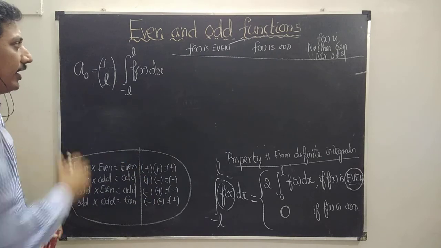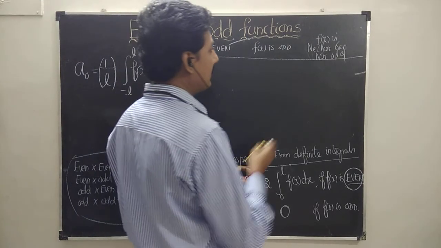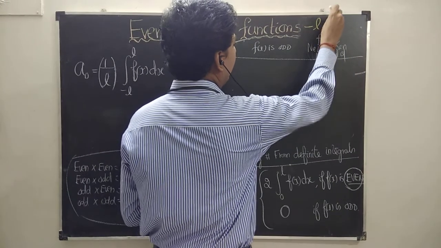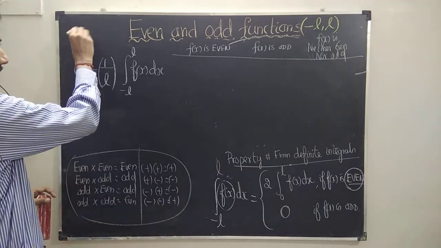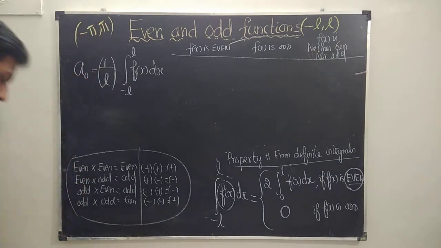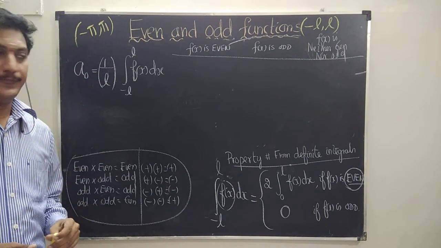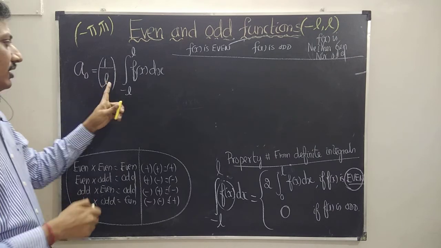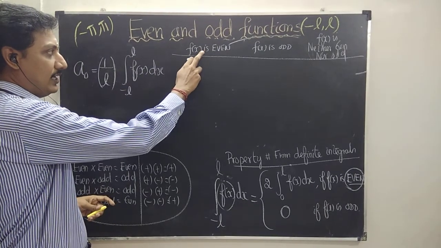The formula for A naught in the interval minus L comma L, and I repeat this, is valid only in the interval minus L comma L or minus pi comma pi. Both are the same. Now we know the formula for A naught is 1 by L integral of f of x dx. Suppose my function f of x is even.